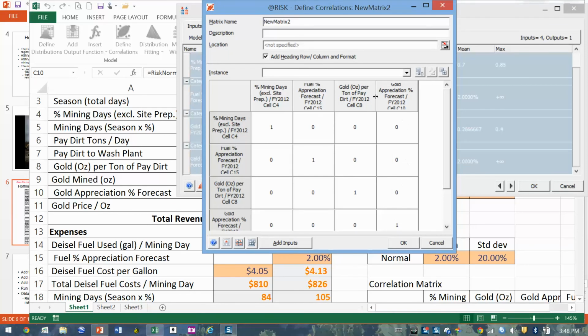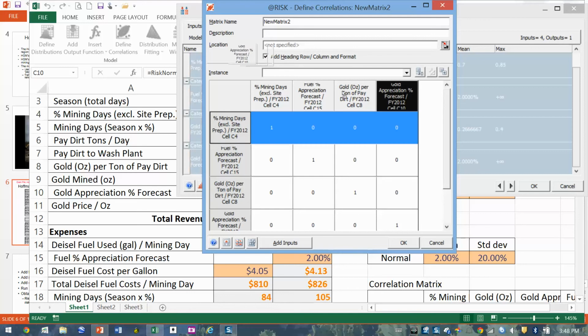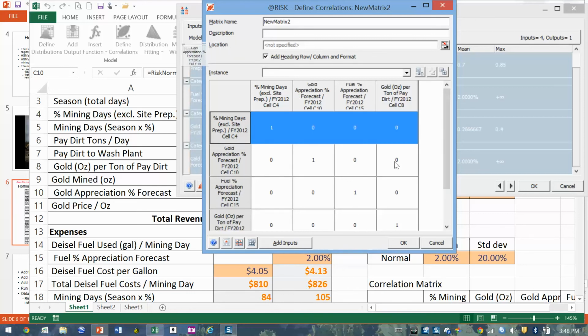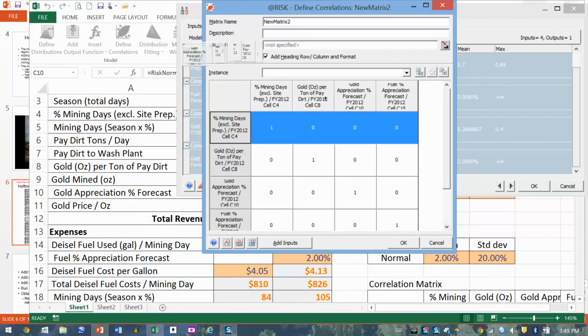So it looks like I need percent mining. I'll slide gold over here. And then looks like gold appreciation. Well, now it's gold ounces second. Then gold appreciation, then fuel. So that hopefully looks the same as this one. Percent mining, gold ounces, gold appreciation.